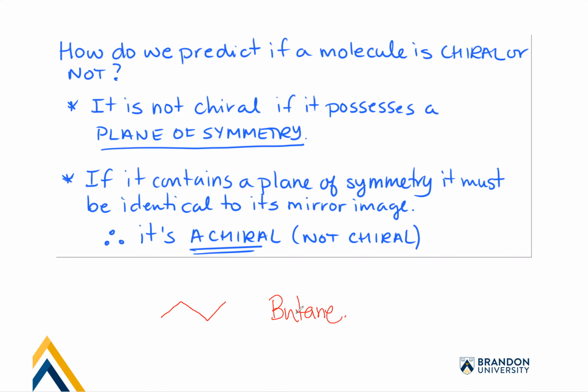And if I were to ask everybody, does this molecule have a plane of symmetry? The answer would be, no, remember, I haven't even drawn the protons on this. But does this molecule have a plane of symmetry?